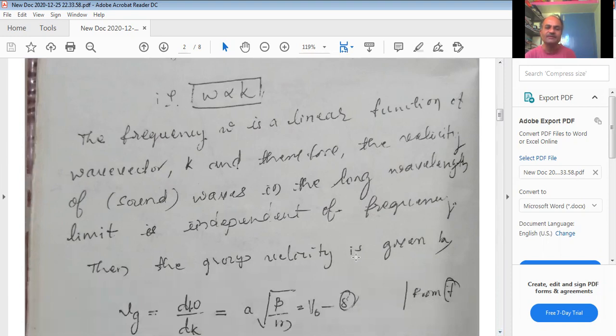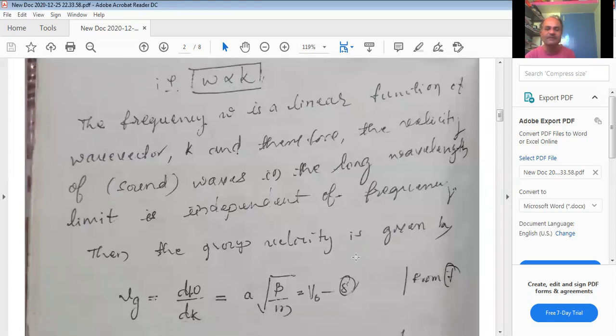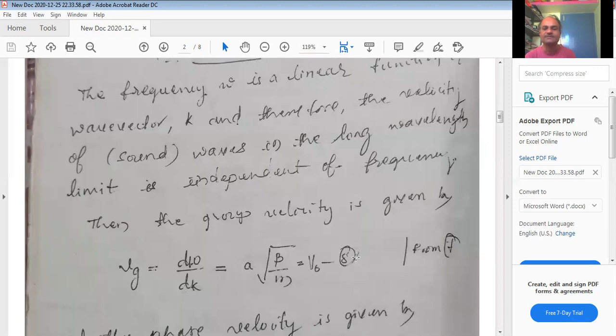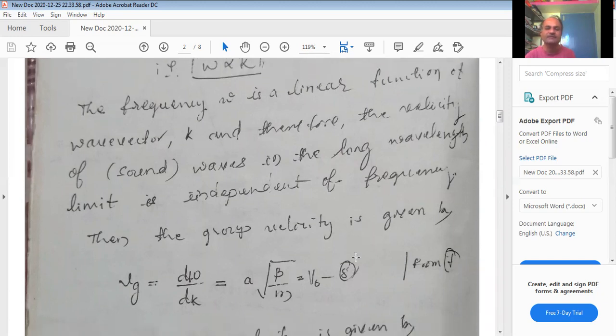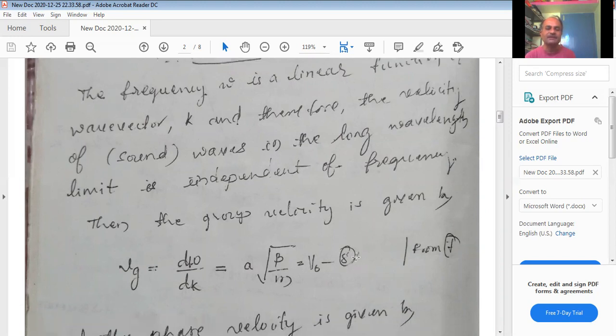That means the frequency omega is a linear function of the wave vector k, and therefore the velocity of sound waves in the long wavelength limit is independent of frequency. So in the velocity expression there will be no k. That means the velocity of the wave is independent of the frequency in this case.